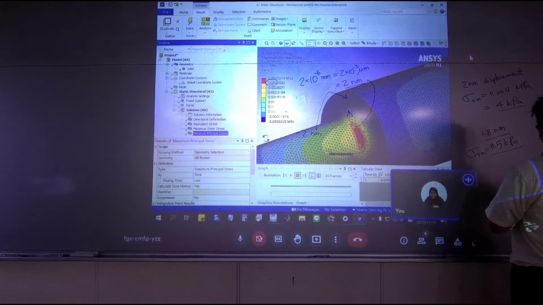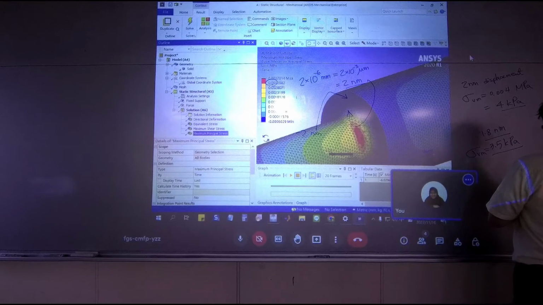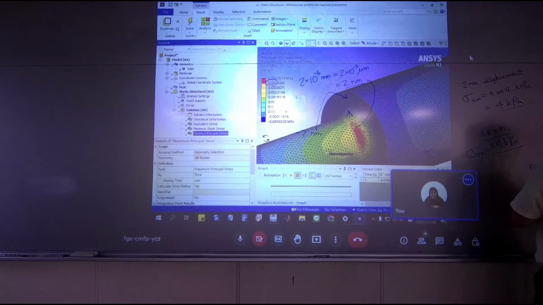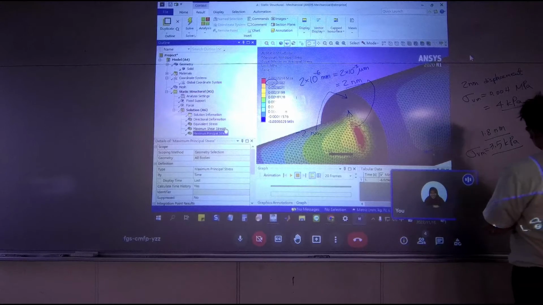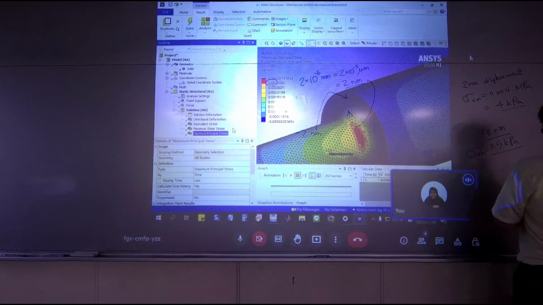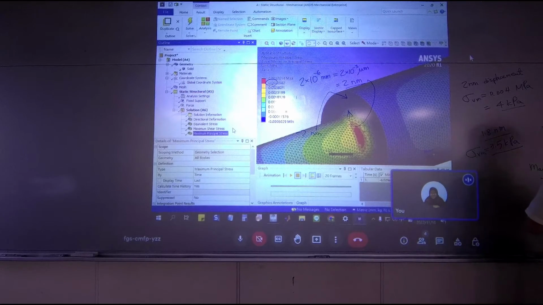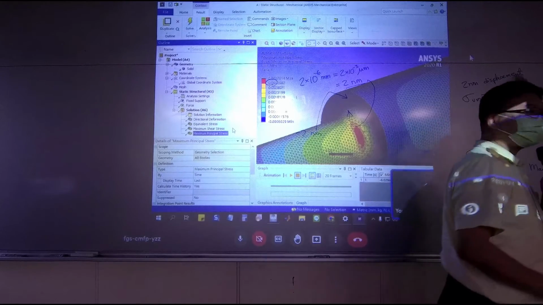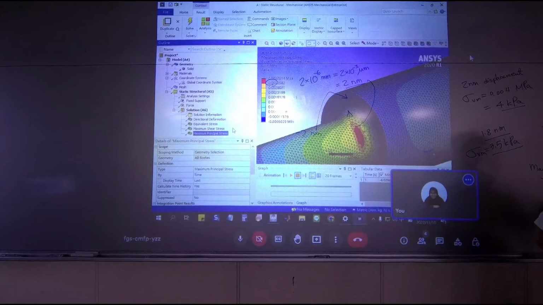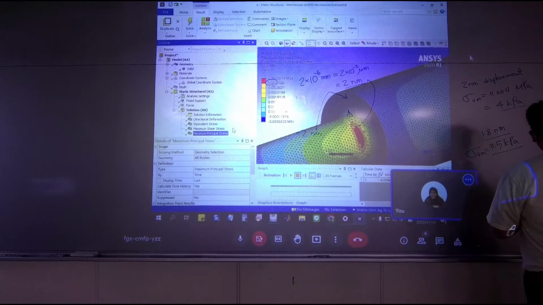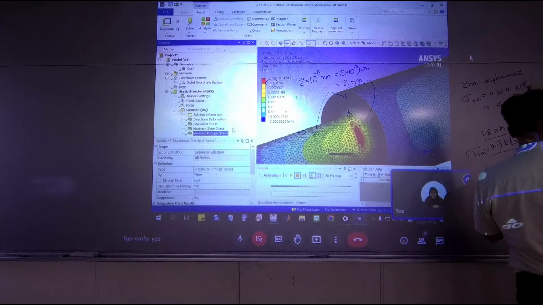So we know the maximum shear stress model tells us your largest shear needs to be smaller than your yield strength over your safety factor, and for shear it is divided by 2, right?